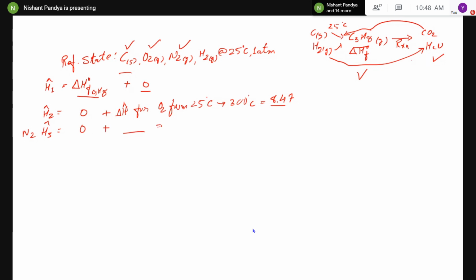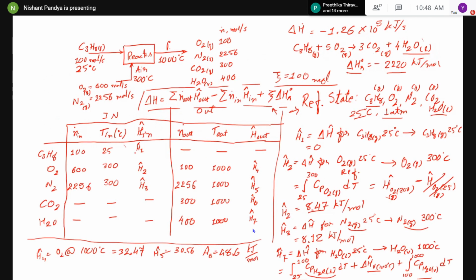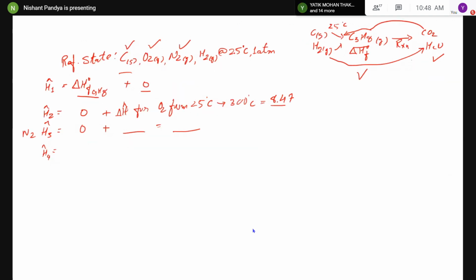You know the value; it remains the same. H4 cap and H5 cap are both O2 and N2, so the enthalpy of formation is 0. The temperature change is from the reference state of 25 to 1000 here, and 25 to 2000 here. So H4 cap is the same as before and H5 cap is the same as before, no change.